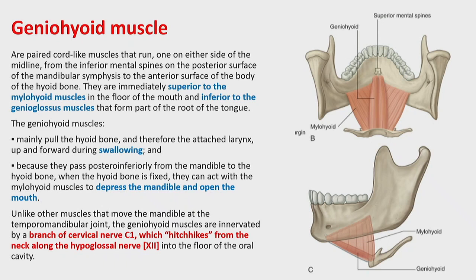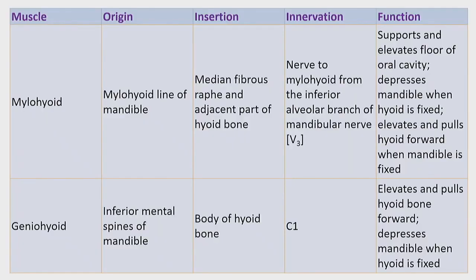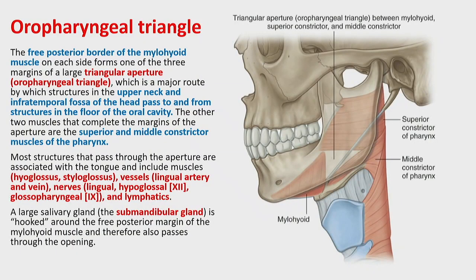And it's supplying the geniohyoid and the thyrohyoid muscle, one of them, the geniohyoid, being suprahyoid, and the thyrohyoid being an infrahyoid muscle. And these are the details of these two muscles, which are important muscles of the suprahyoid group.